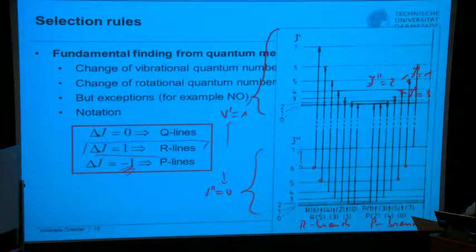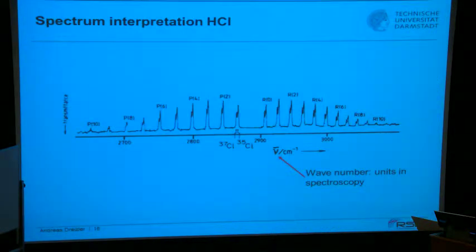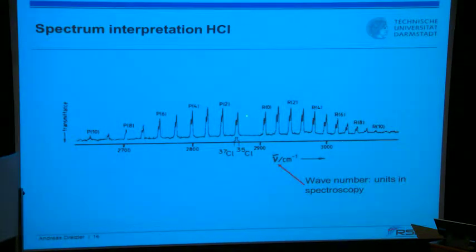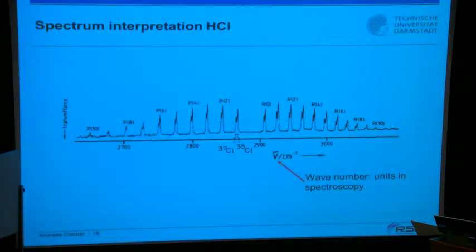This is the spectrum you can follow, and you can go back to what you see over here. Now we understand we have an R branch and a P branch. The R branch starts at R0 because it goes from 0 to 1. The P branch starts from P1 because it goes from 1 to 0, and there's no value below 0 in the J number. And the most important thing for thermometry is that we do have a certain distribution.